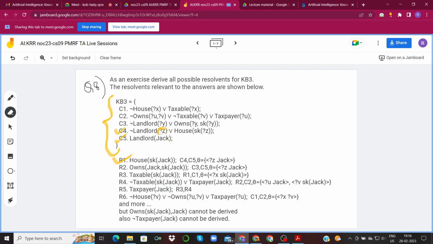Next, remember last time we had considered C4 and C5. This time let's consider C3 and C5. In C3 you have again not of landlord Y or owns Y and SK Y. I'm not writing the whole thing because of lack of space. And then in C5 we have landlord Jack.